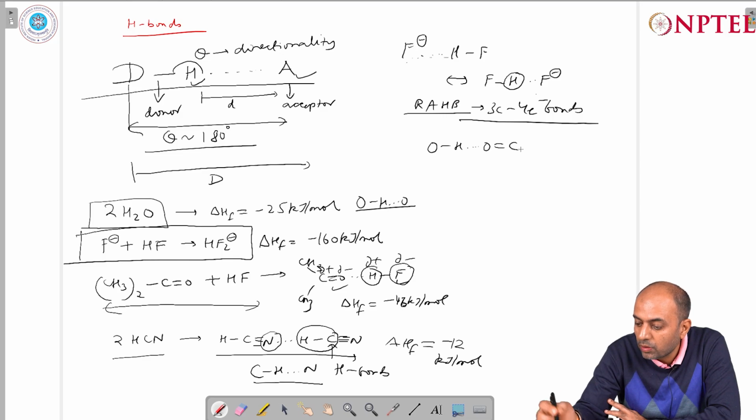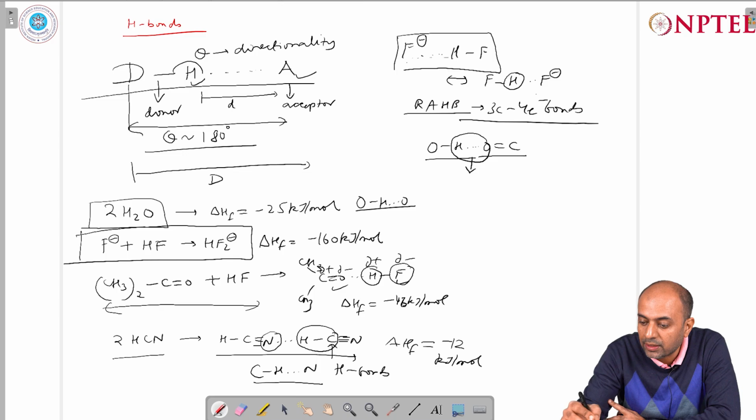an OHO hydrogen bond. If you have an oxygen atom connected to a carbonyl, this is a neutral system, then the amount of electron density present in the hydrogen bonding region is less compared to the case where you have a hydrogen atom interacting with a negatively charged species.